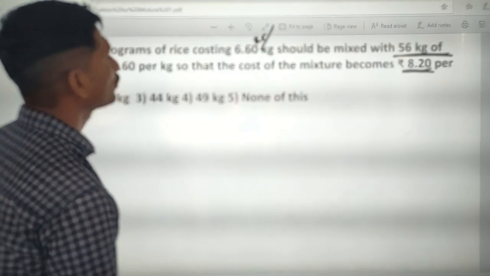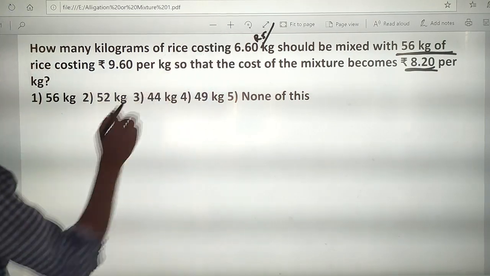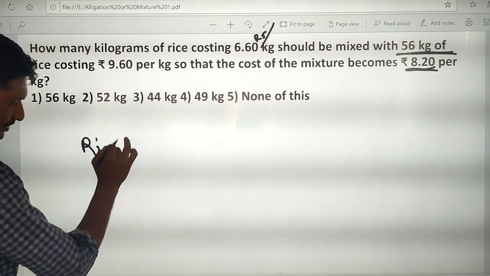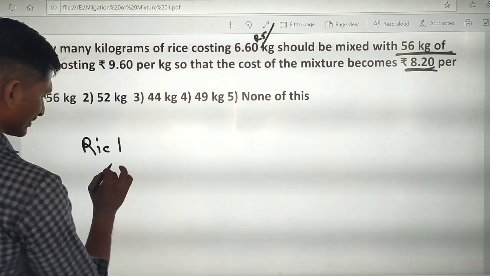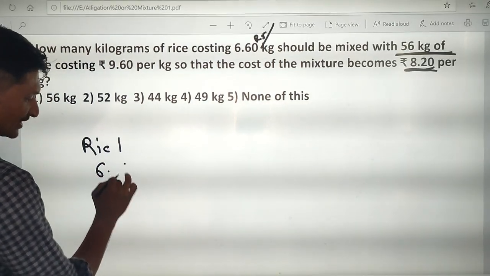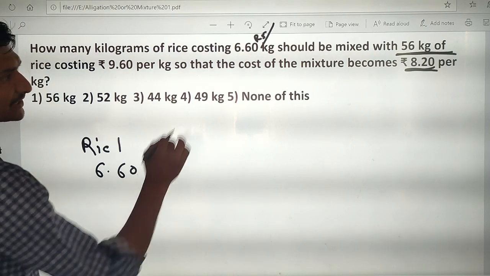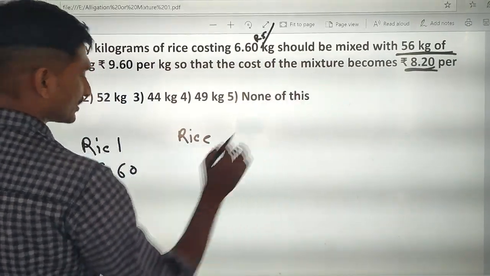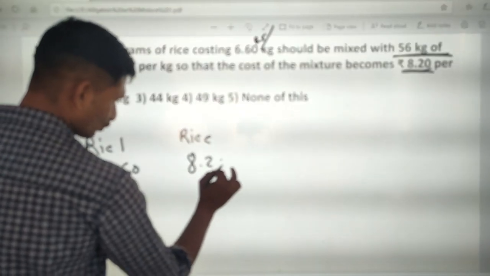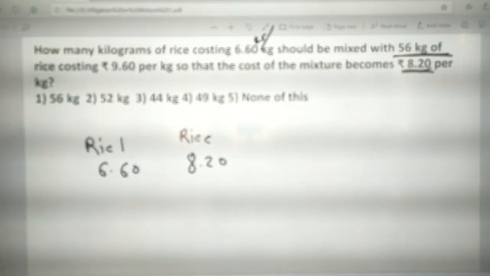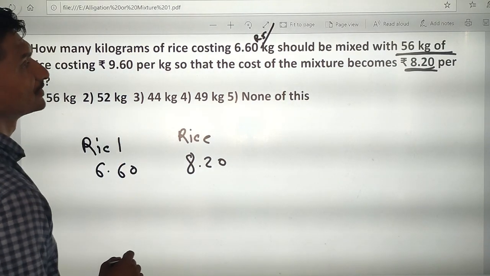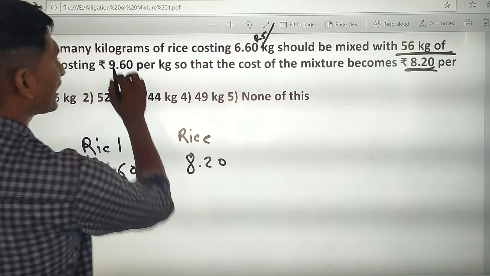Here there are two quantities of rice. Rice one is 6.60 rupees per kg.